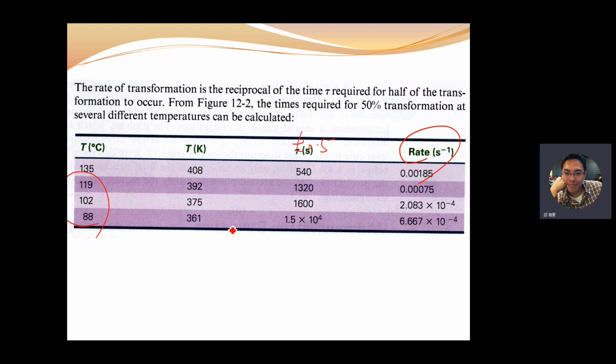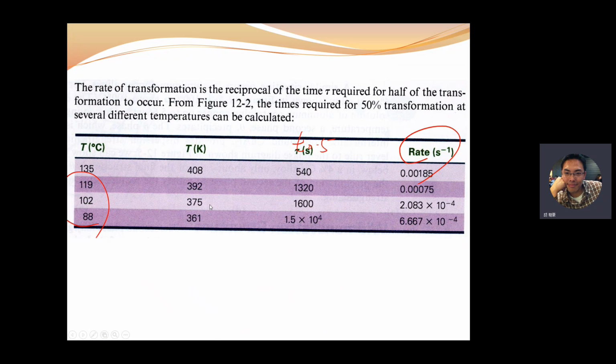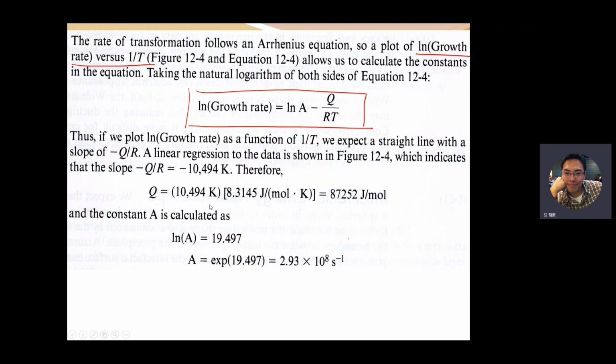We just take the log of both sides, and we get the linear equation. Then we can plug this into a linear function and find the slope, which is minus Q over R.